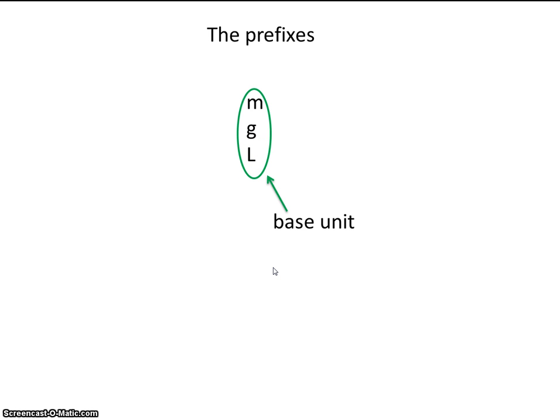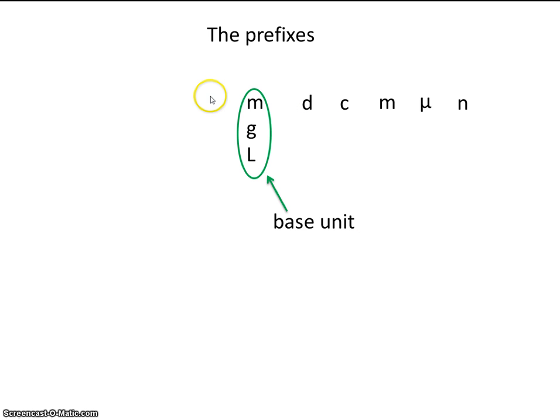Now you know that the metric system is based on powers of 10. So 1/10 the size of a base unit is called a deci. Then smaller than that is centi, and then milli, and then even smaller than milli is micro, and then smaller than that is nano.